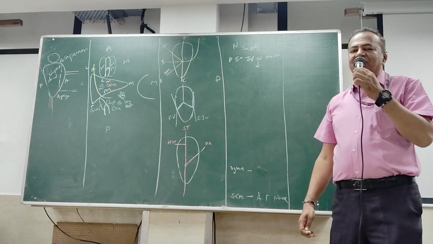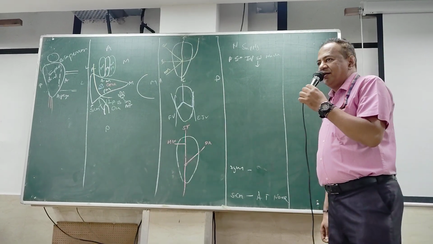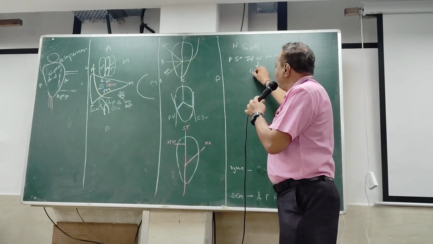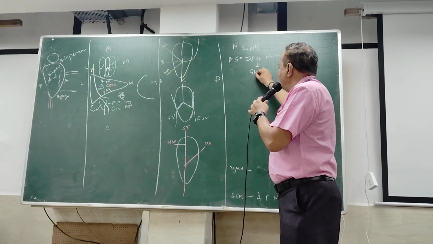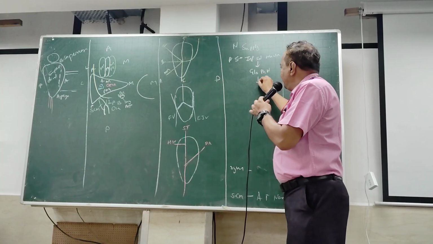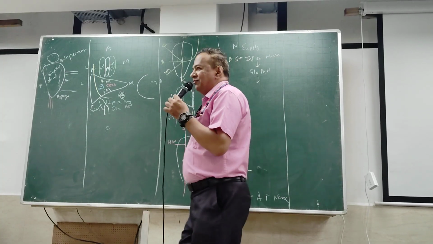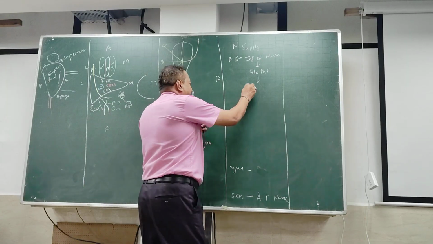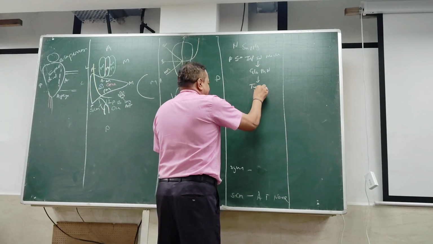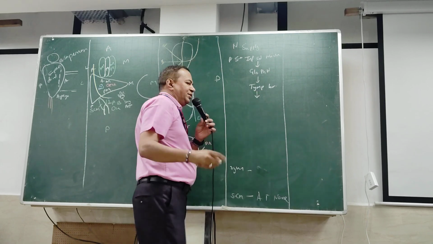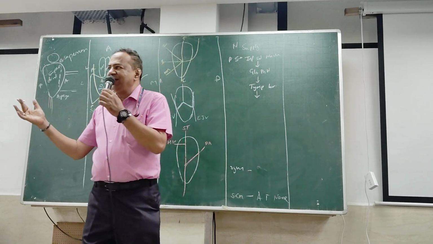Inferior salivatory nucleus sends fibers via glossopharyngeal nerve. This glossopharyngeal nerve gives a branch called tympanic branch, in the middle ear.